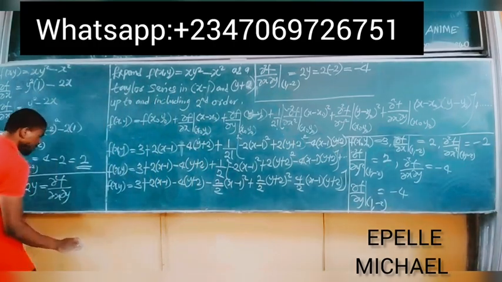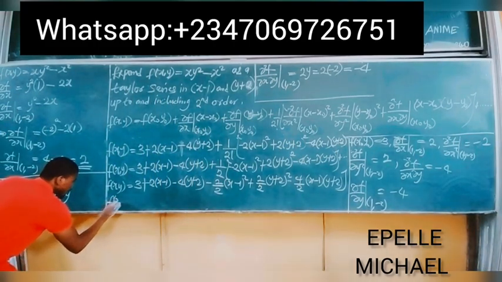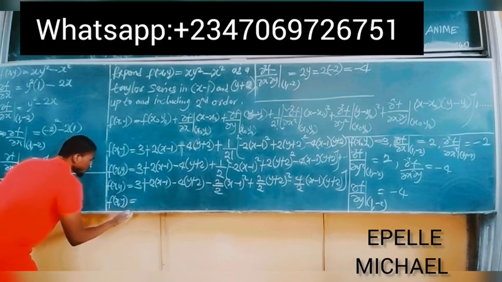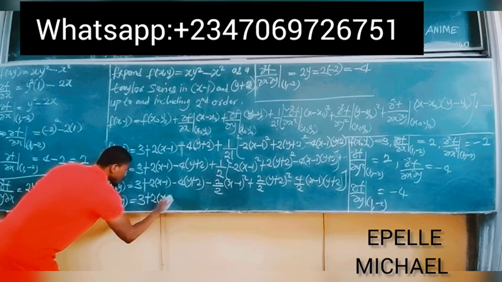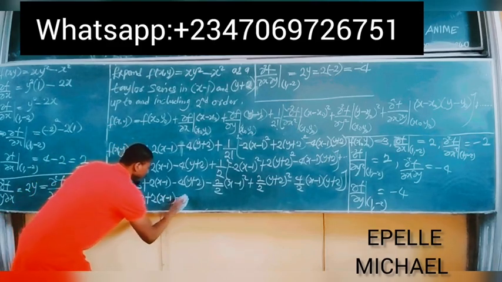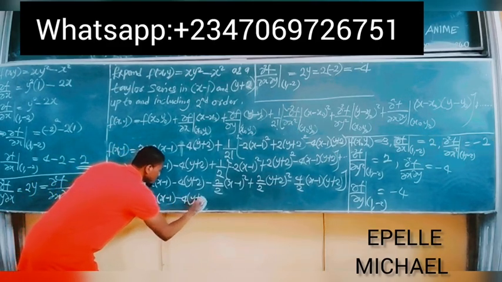Alright, so finally, the Taylor series expansion of that function is equal to 3 plus 2 into (x minus 1) minus 4 into (y plus 2).